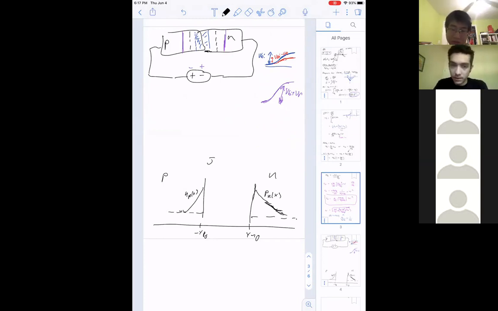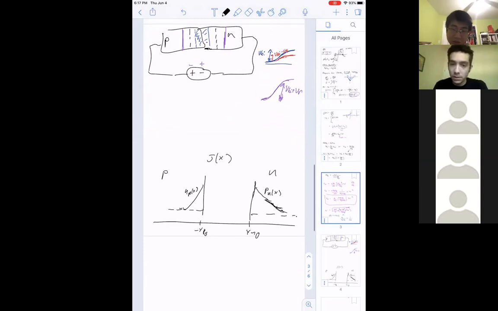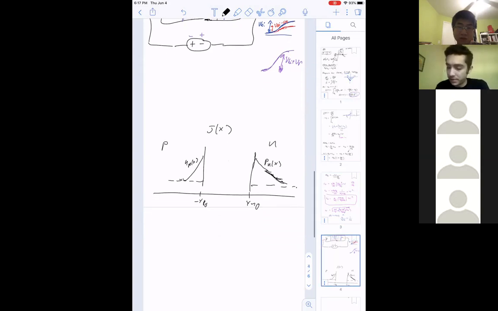So this is basically your J. And if you add the two together, you can write an equivalent expression that's basically like this, JS, where this is a bunch of constants depending on this stuff. And so you have an exponential dependence on how much applied voltage you have.